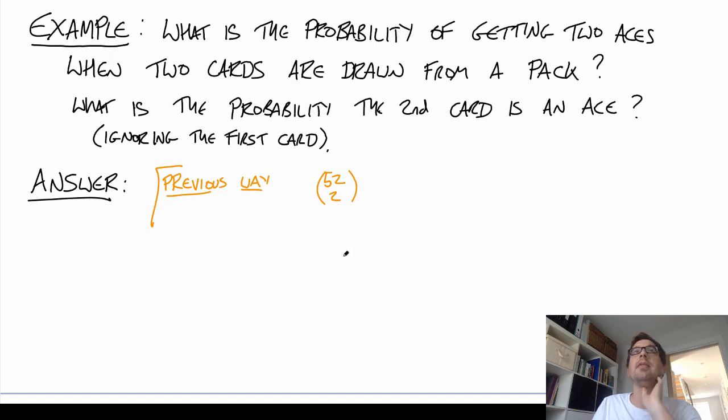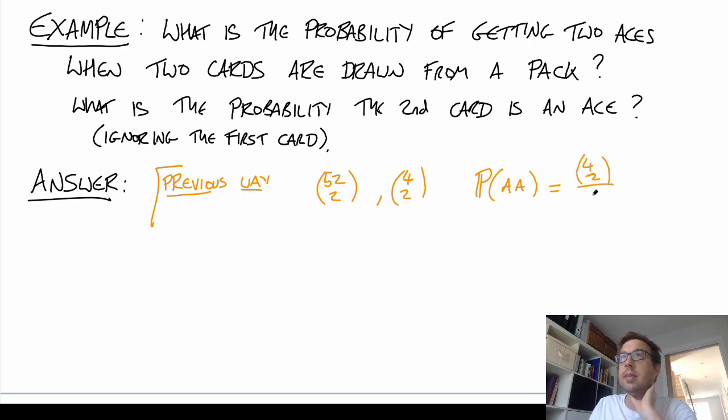Out of those, we count up the number of ways that we can get 2 aces out of a deck, which is 4 choose 2. So the probability of an ace and an ace was going to be 4 choose 2 divided by 52 choose 2, which happens to be 6 over 1,326.